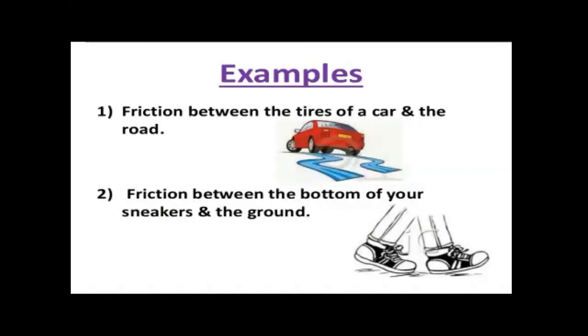Friction between tires and the road stops a car from skidding, and the next use is friction between the brakes and wheel helps a bike and car to slow down. Okay, beta, take a screenshot. These are the examples of friction. Okay, have you got it?